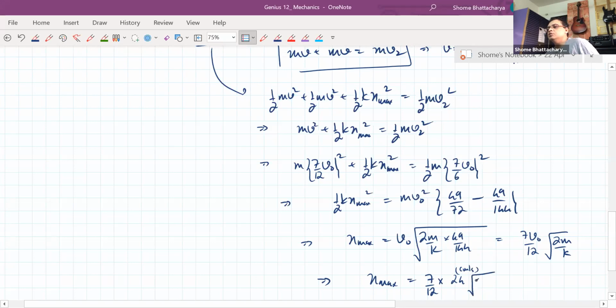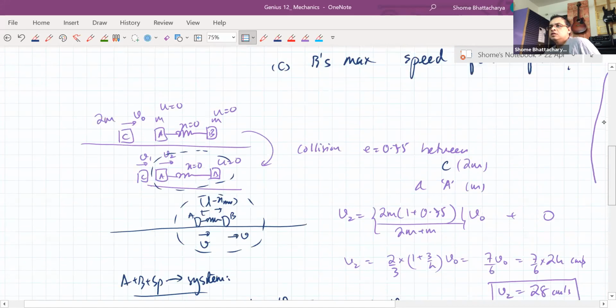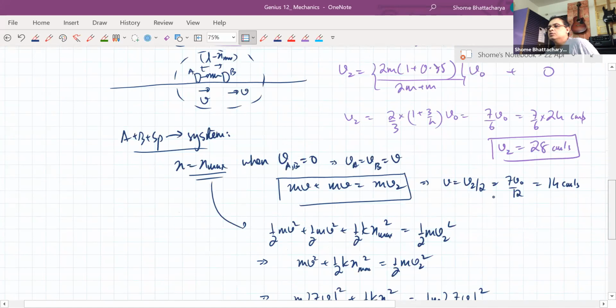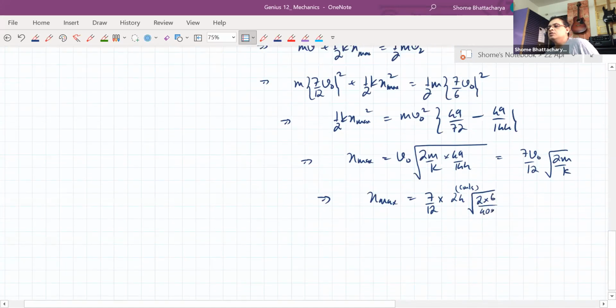This was 6 kgs, I think, if I remember. Yeah, 6 kgs and K was 40 newtons per centimeter. So 6 divided by 40 into 100. Further this will become 14 by 10 into square root of 3 by 10, right? 0.3, in centimeters.